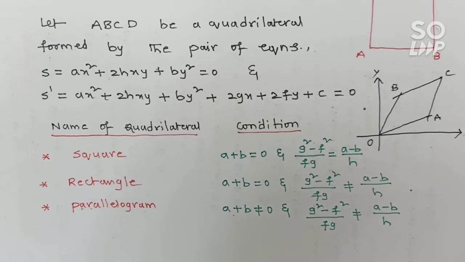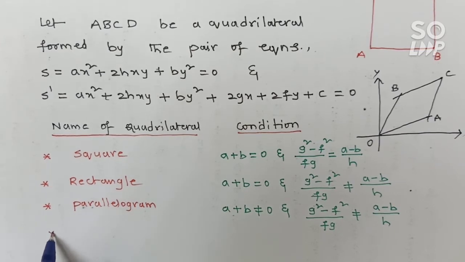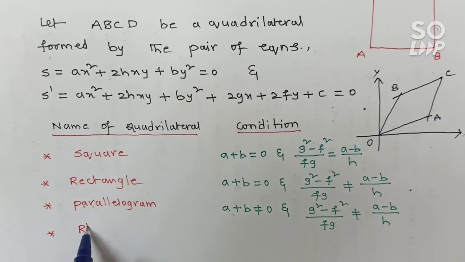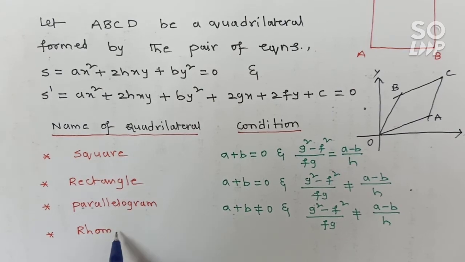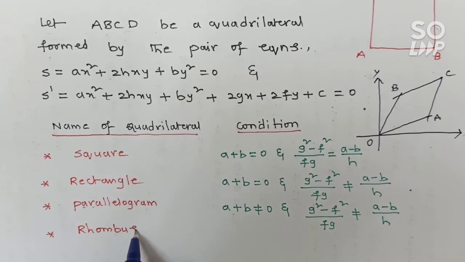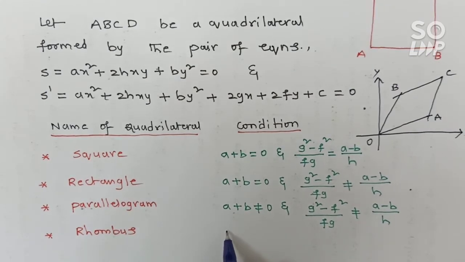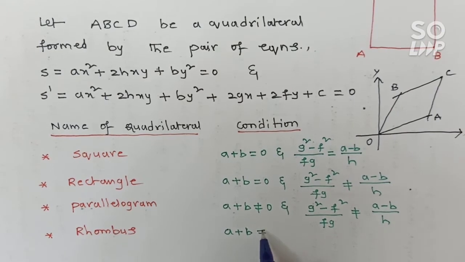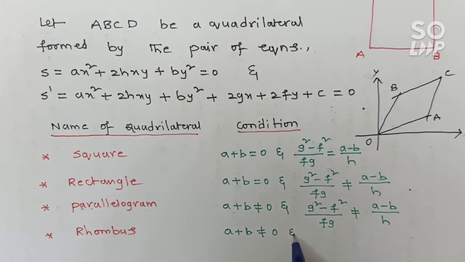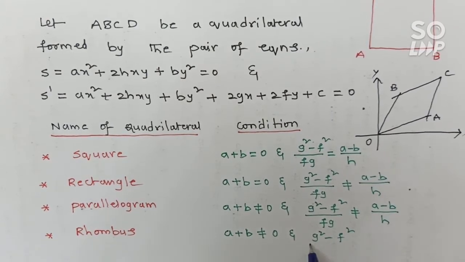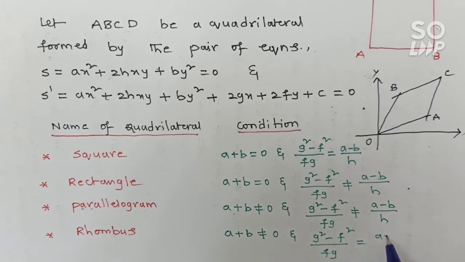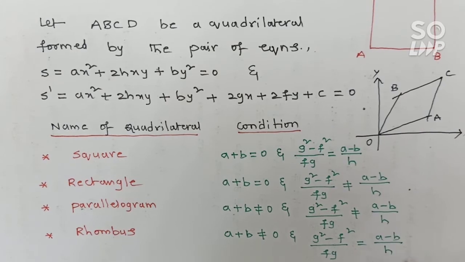And next is the rhombus. A rhombus is where a + b ≠ 0 and (g² − f²)/(fg) = (a − b)/h.